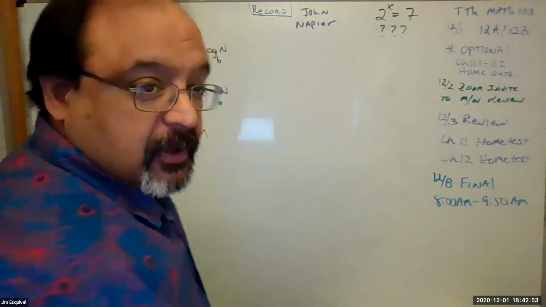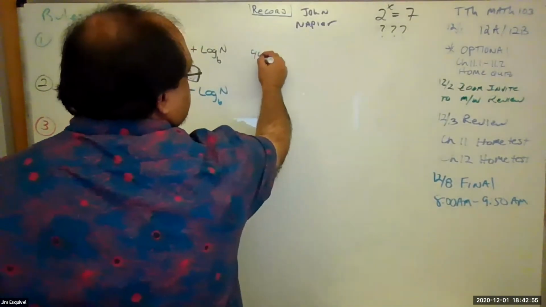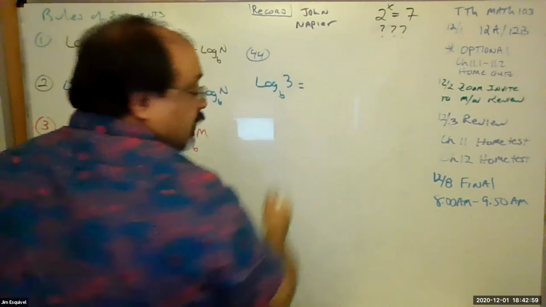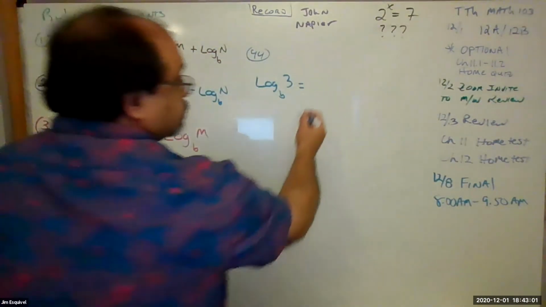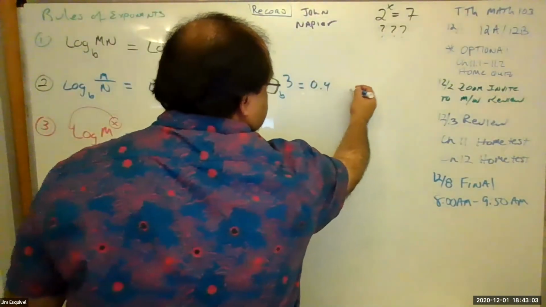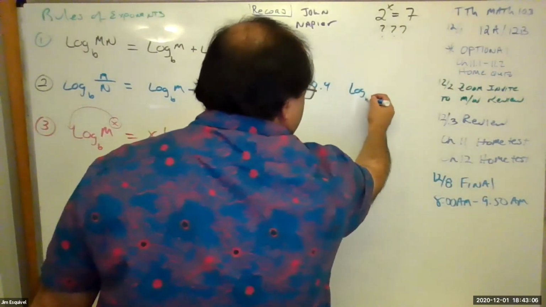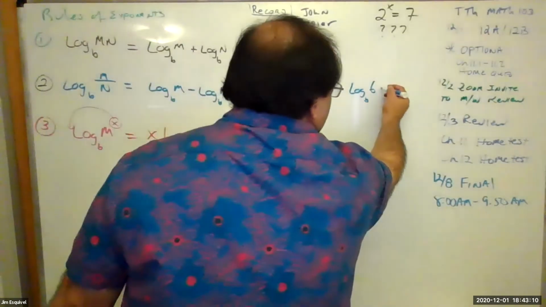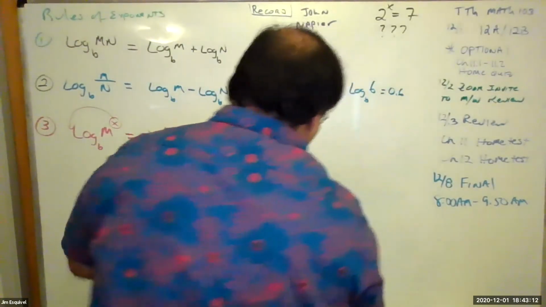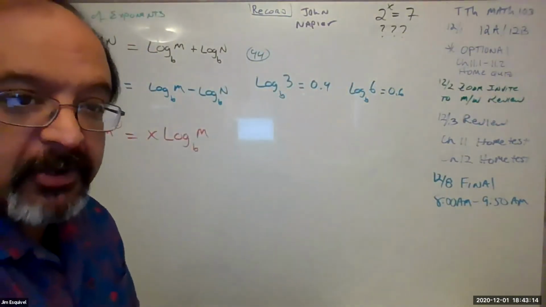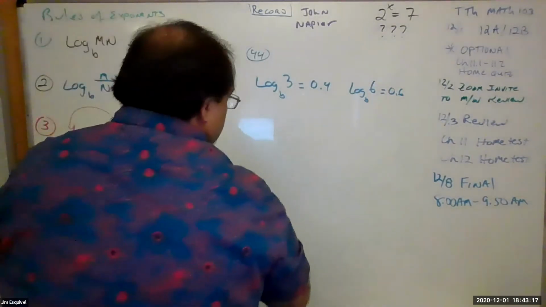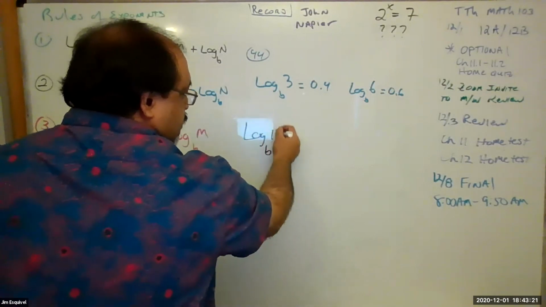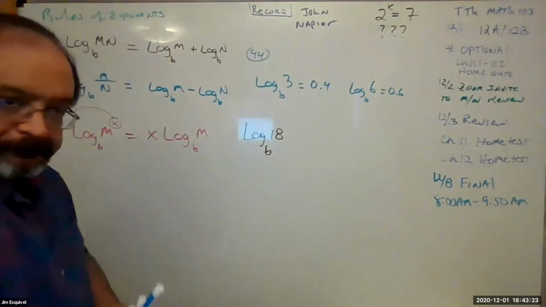You're given log base b of 3 equals 0.4, and log base b of 6 equals 0.6. And they want you to give an answer for log base b of 18.